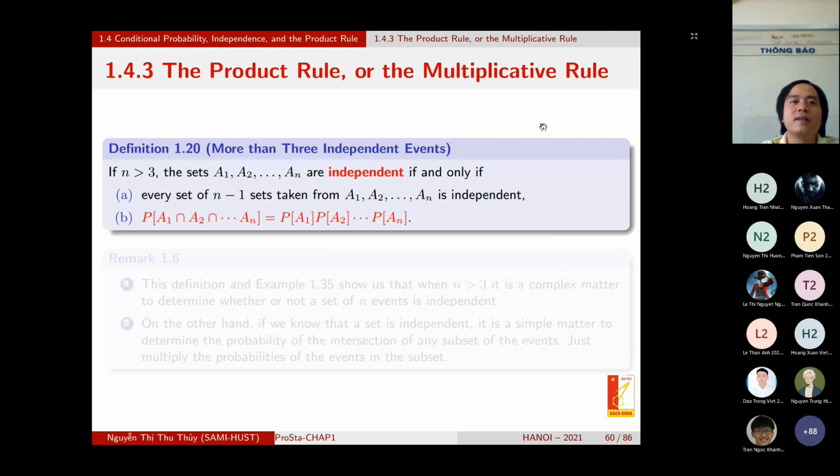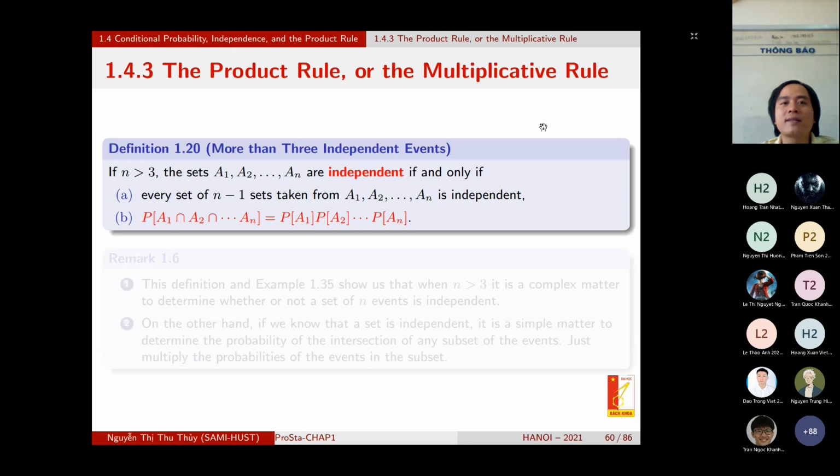So we give the definition for the case that we consider more than 3 independent events. In general, we consider the set A1 to AN.